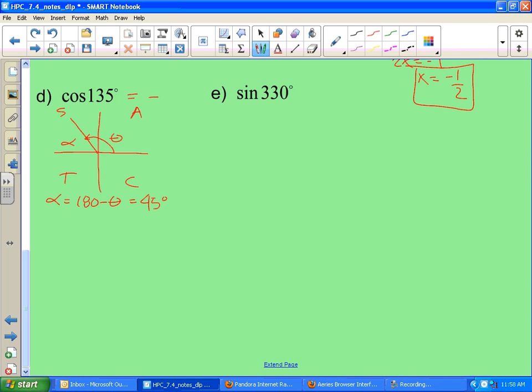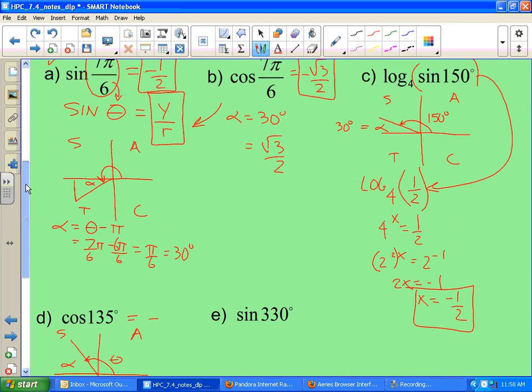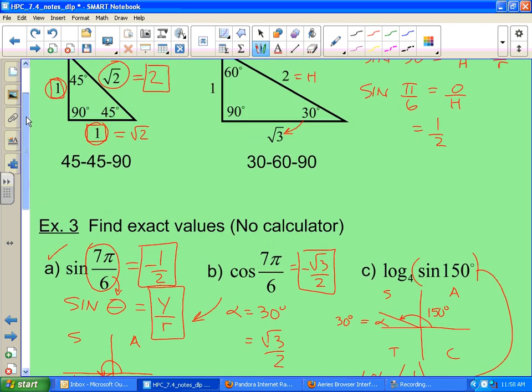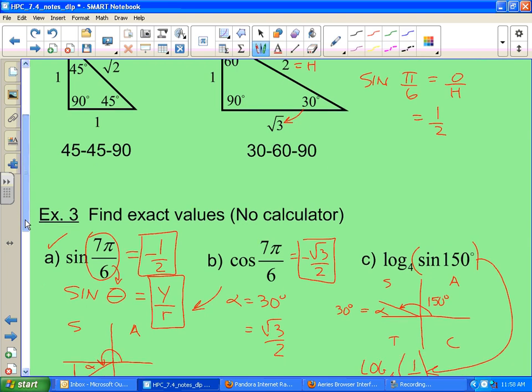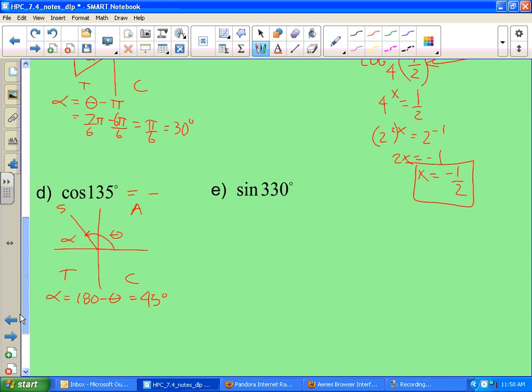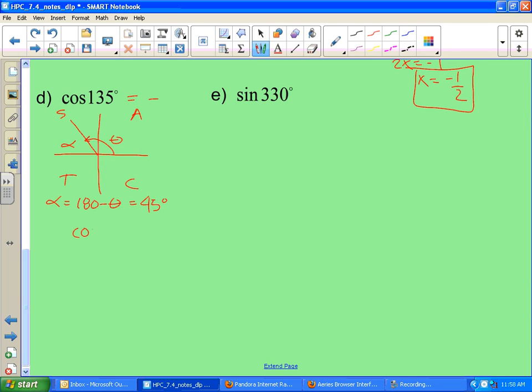And then I just got to go look at my triangle. So back up to my 45 for a cosine. Cosine of 45 is adjacent over hypotenuse, which is the same as the sine of 45, which is 1 over root 2. Now here's where we're going to want to rationalize. So if a cosine of 45 is 1 over root 2, it's the same thing as root 2 over 2. Multiply top and bottom by square root of 2. And that is what this answer is.